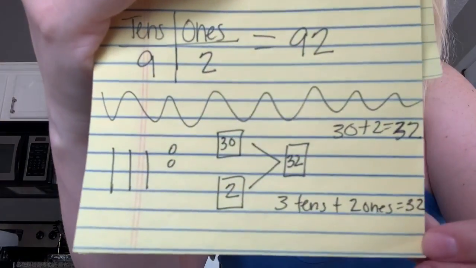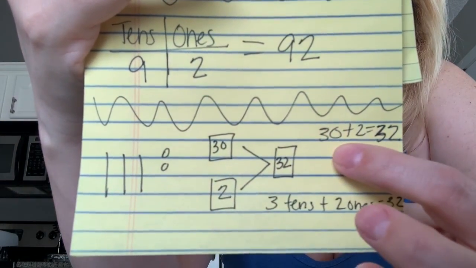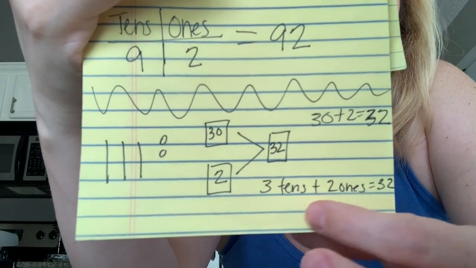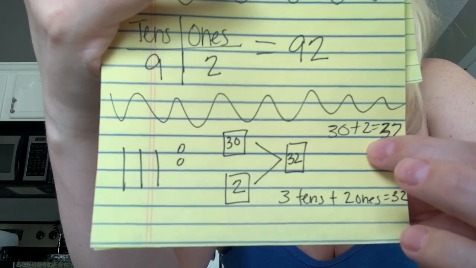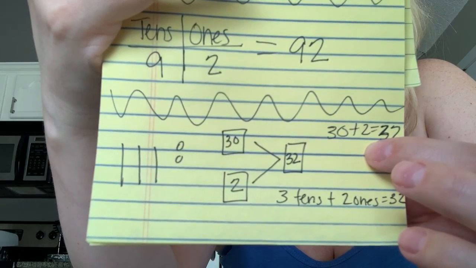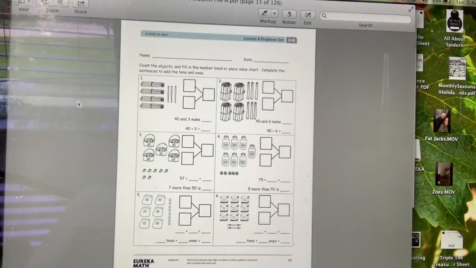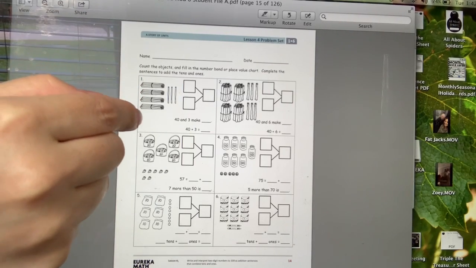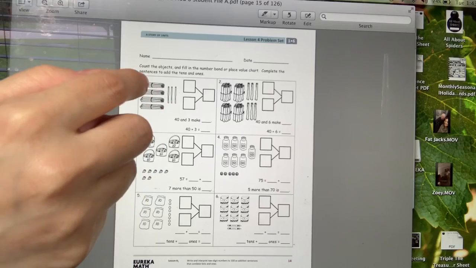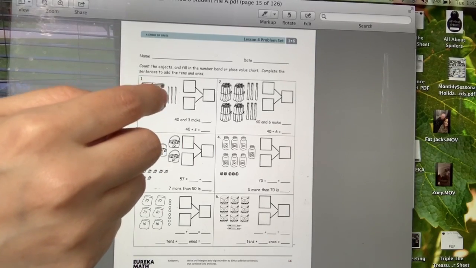So there are different ways to write it. The value, or if it says tens and ones, you just write how many. But for the most part, you're going to write the value of it. Okay? So here's your worksheet to show you. Here's an example. 1, 2, 3, 4 tens. 10, 20, 30, 40, 41, 42, 43.